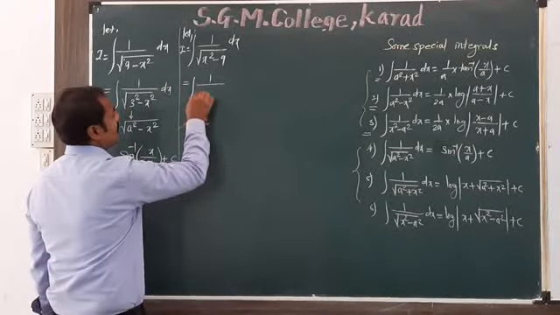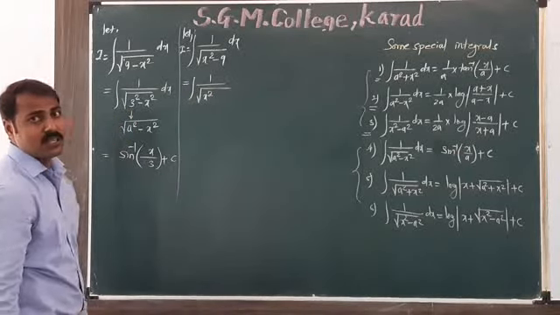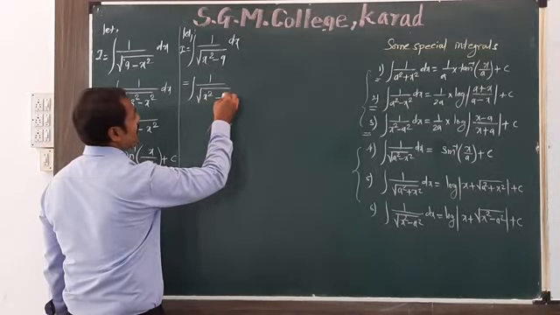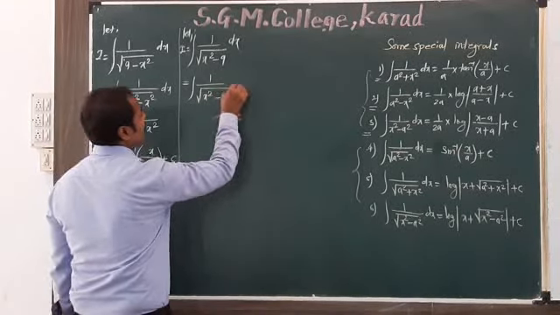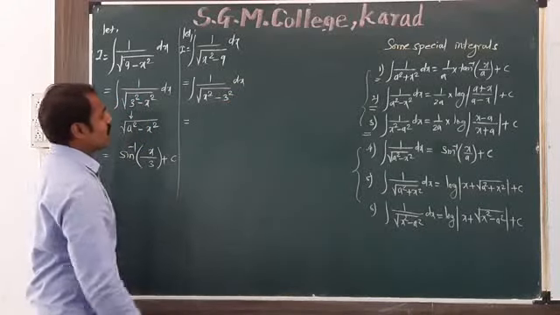In the denominator, inside the square root, one term is a variable square, so I can write the second term as a constant square. 9 is the square of 3, so I can write this as 3 square dx.